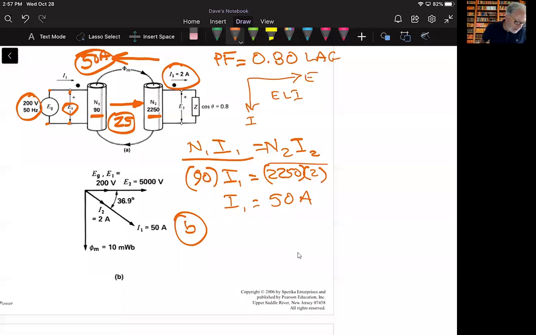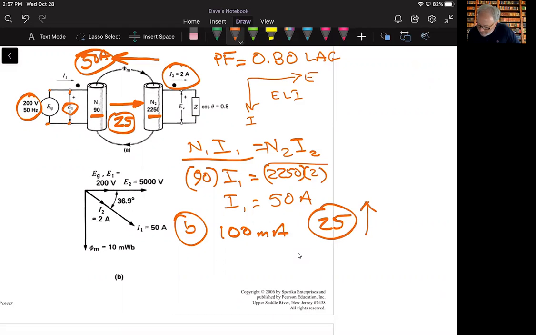Part B in this problem asks, what is the instantaneous current in the primary when the instantaneous current in the secondary is 100 milliamps? Again, this relationship is established, this number 25. It's 25 times the voltage, 25 times less the current. So if I have an instantaneous current of 100 milliamps in the secondary, I'm going to have 25 times more that amount in the primary.